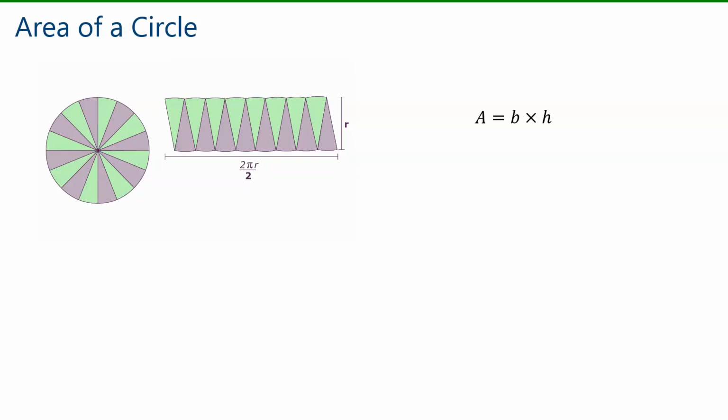Area is base times height, with the base being 2 pi r over 2 and the height being r. I can now cancel those 2's because 2 divided by 2 is 1, leaving me with pi times r times r. So that's the formula for area of a circle.